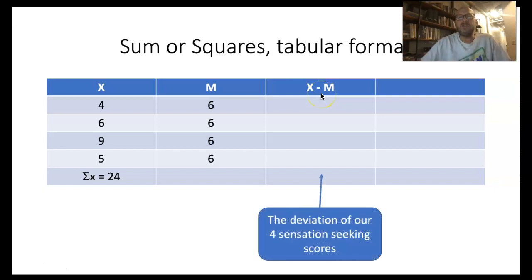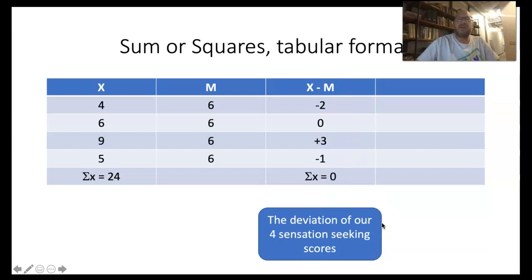The deviation is the individual's score minus the mean. So this is an individual student in our class, and that is the average score of our class. So deviation basically is saying that this individual got a 4, but we'd expect a 6. That's what a deviation does.